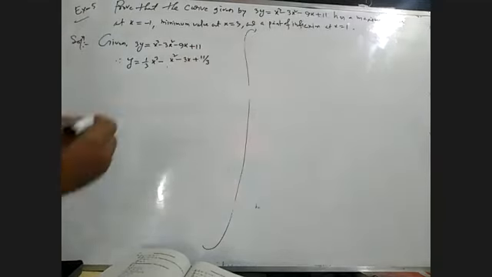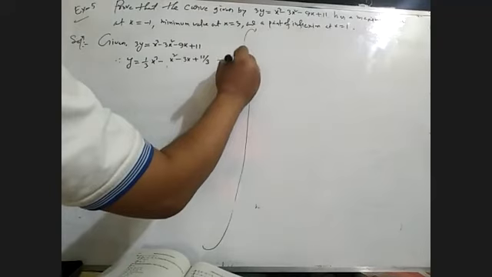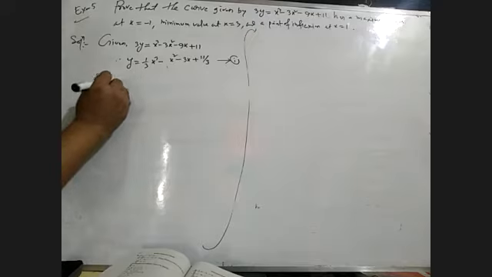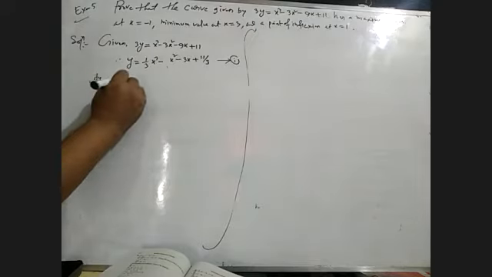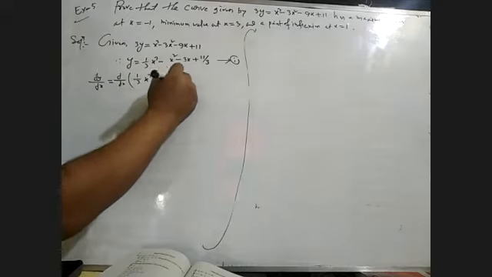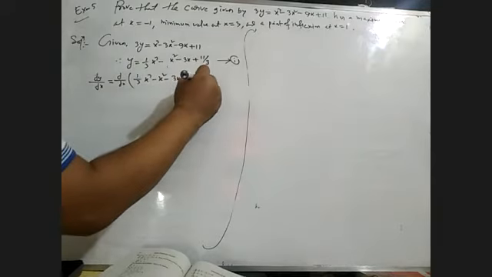Just dividing by 3 on both sides. This is equation number 1. Now taking differentiation of y with respect to x on both sides of this equation 1, minus x square minus 3x plus 11 by 3.